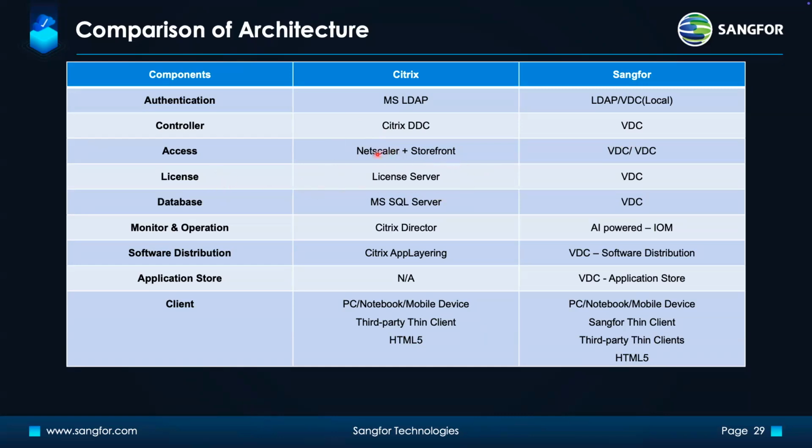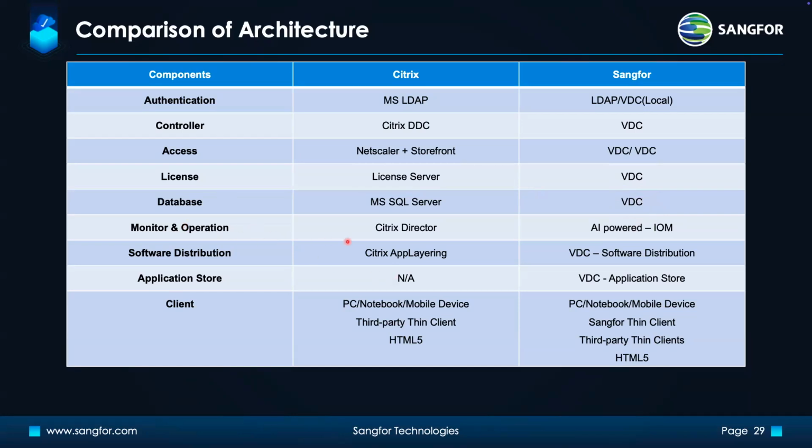The license server is managed separately in Citrix. It's a separate component, a separate server. In Sangfor, it is in the appliance itself. Database, you have to maintain SQL Server separately and invest in the licenses separately. Whereas in Sangfor, the licensing server is built into the appliance itself.